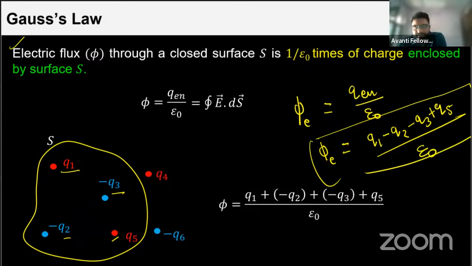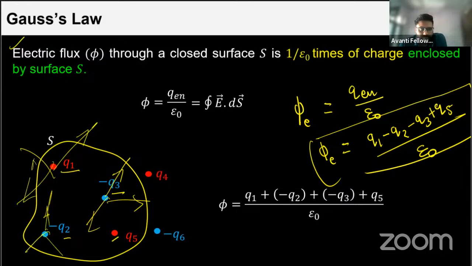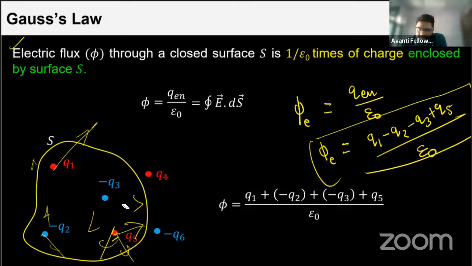These charges are inside the surface, so whatever electric field lines pass through this surface will be caused by these charges. So flux through this surface will be the resultant of the electric field lines enclosed by this surface. Got it? So that is why we consider only the enclosed charge.